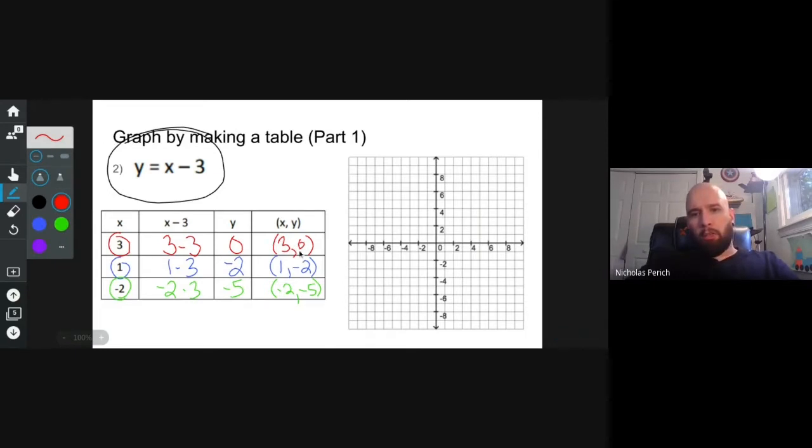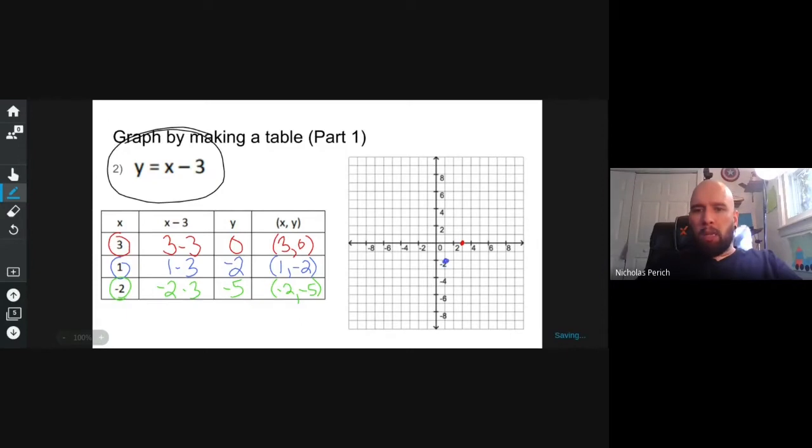Let's graph these points. My first point is 3, 0, which means I go right 3 and I don't move, and there's my dot. My second point is 1, negative 2, which means I go right 1, I go down 2, and I make a nice little dot right there.